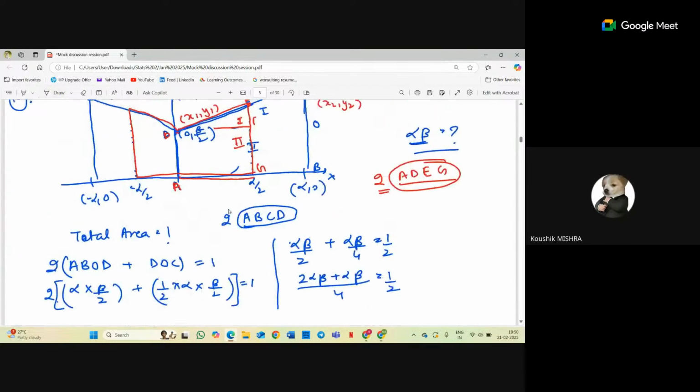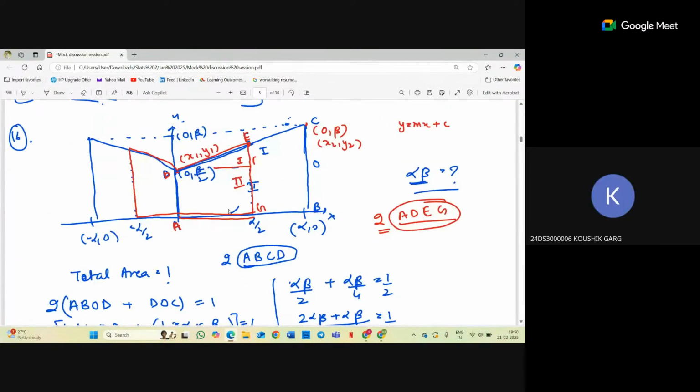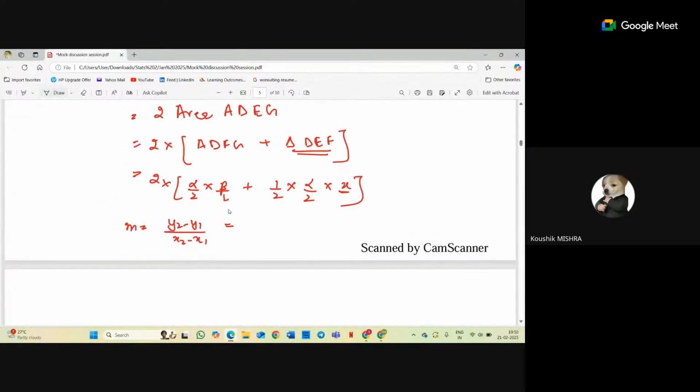If you see here, my y2 is beta, y1 is beta by 2. So this would be beta minus beta by 2, and my x2 is alpha, x1 is 0, so alpha minus 0.